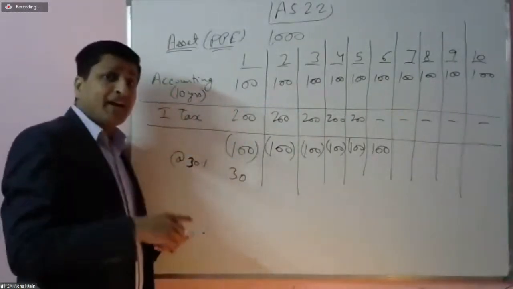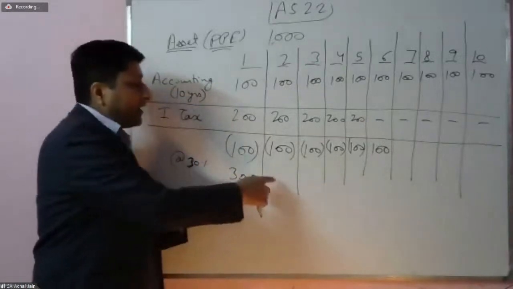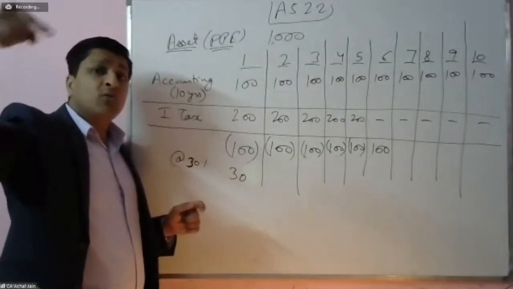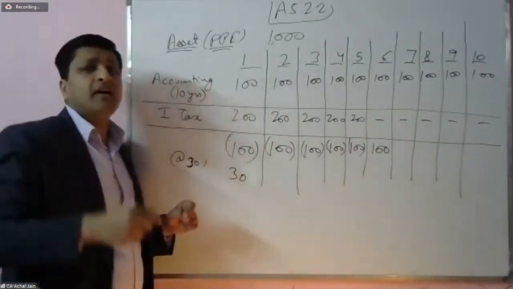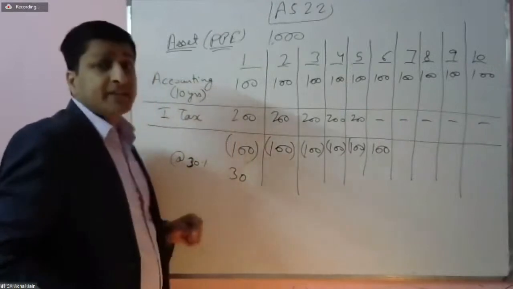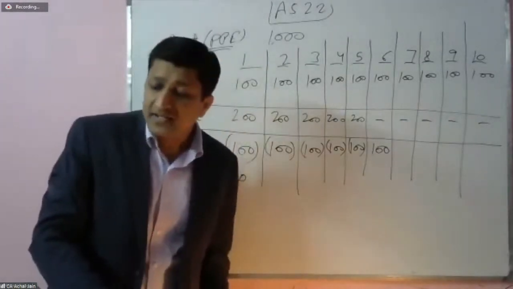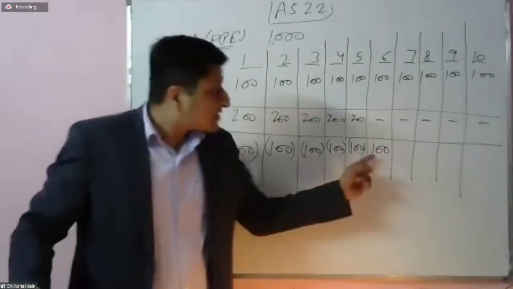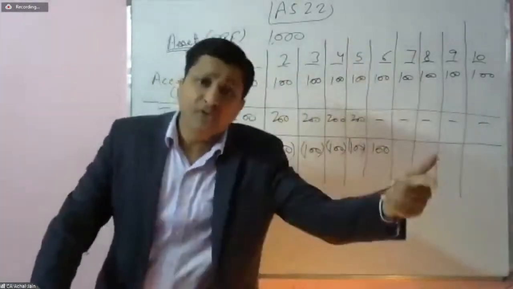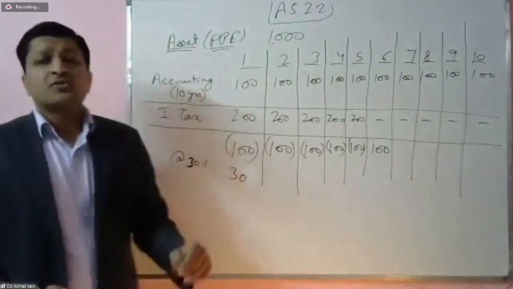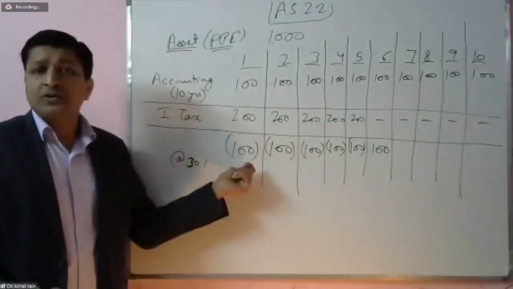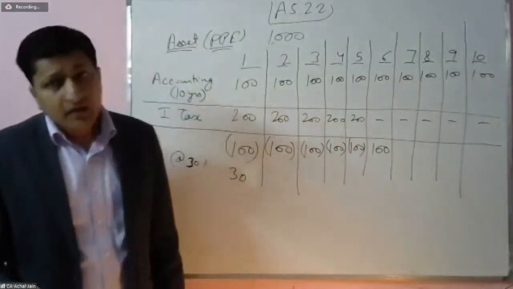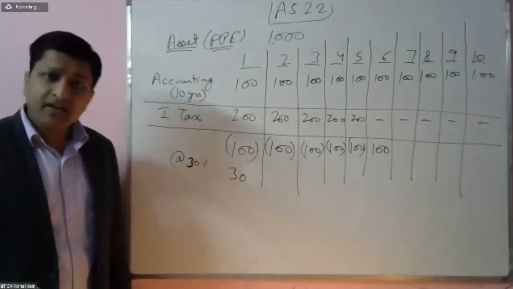But because I paid lower tax in the 1st, 2nd, 3rd, 4th and 5th year, I am required to pay higher taxes in the future years. So this higher tax liability in the future years is the consequence of the lower tax amount that I have been paying in the first 5 years. Correct?